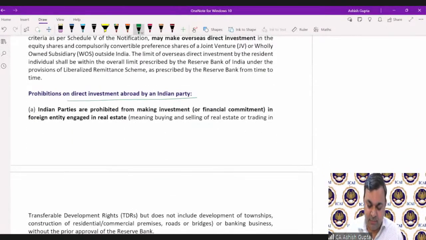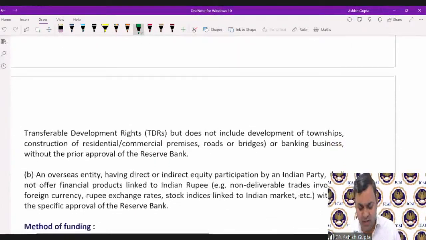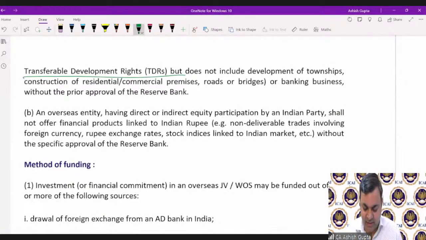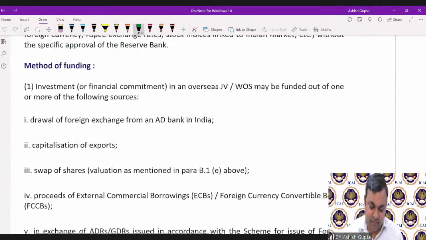Prohibition on direct investment abroad by an Indian company: real estate not allowed, trading in TDR not allowed. This is mentioned. Right? Your foreign company will not provide anything rupee linked, or Indian stock indices. Method of funding.